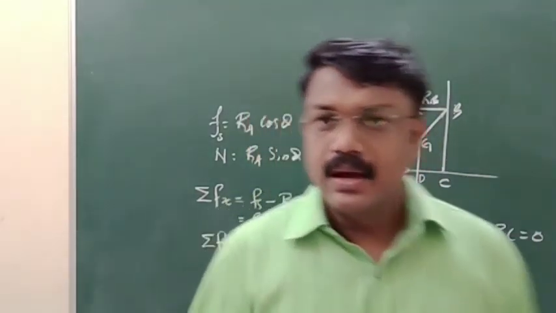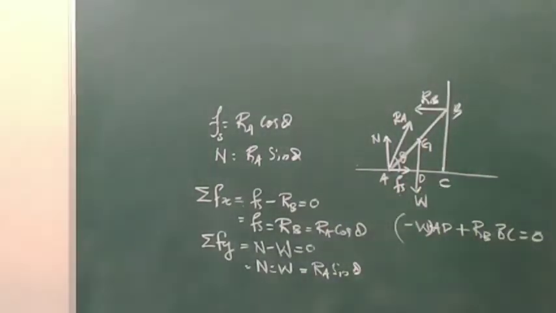That is due to the total moment being equal to 0. So we can write RB into BC is equal to W into AD.